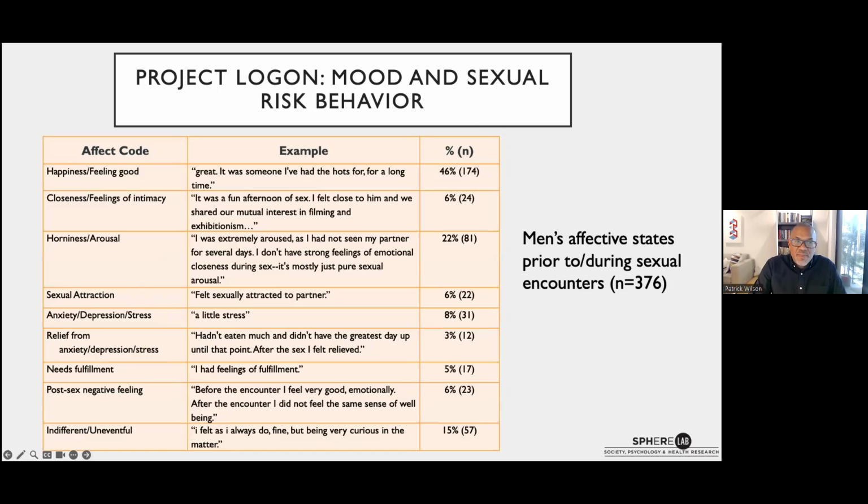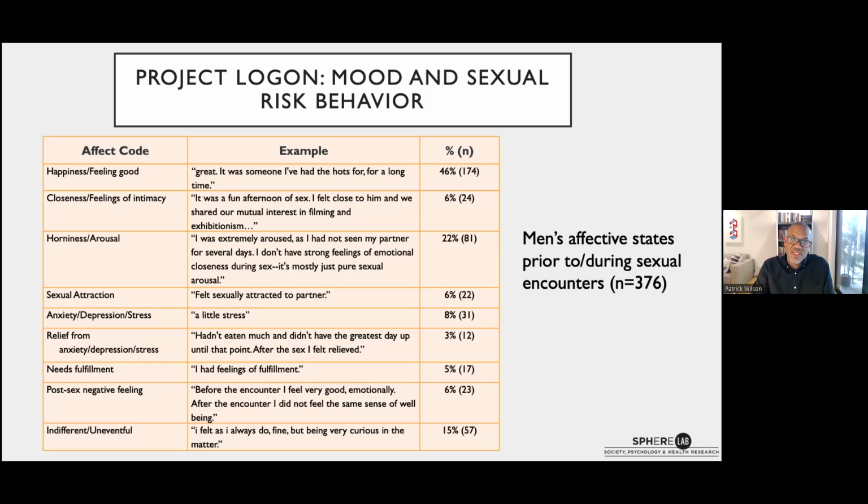Finally, I will come back to the BCS data set, but one of the things that we also looked at in the Project Logon study is whether we could see similar kinds of findings when we look at the qualitative accounts of how individuals talked about their experience of having sex. So one of the things we asked in our weekly diary study was, if participants had sex, they of course completed a quantitative assessment.